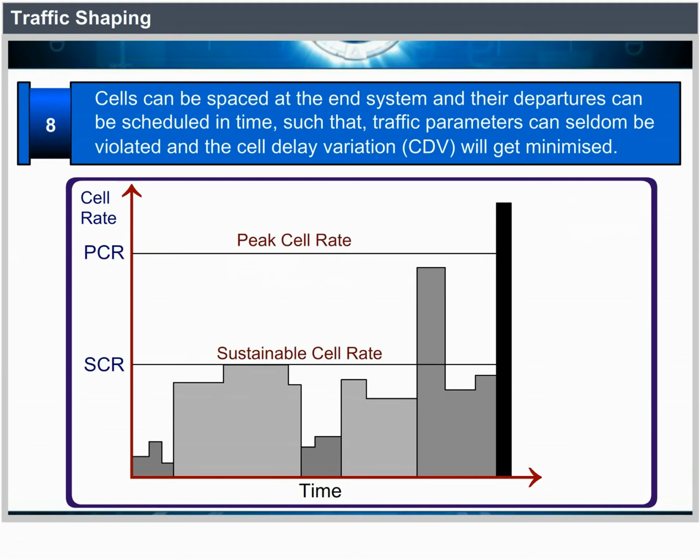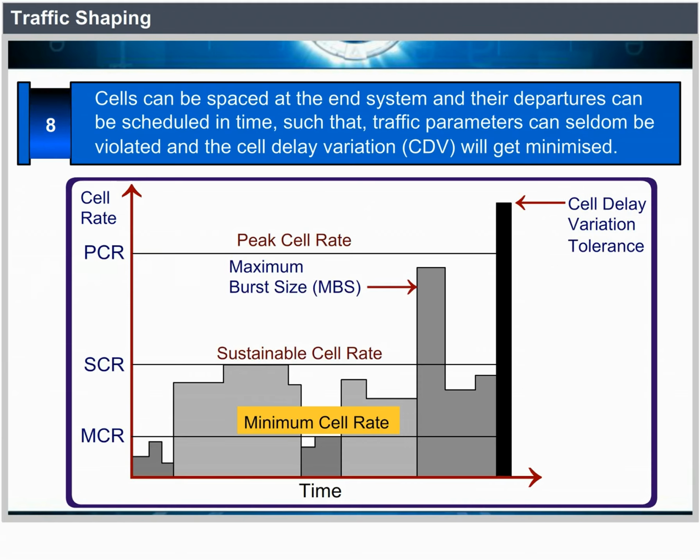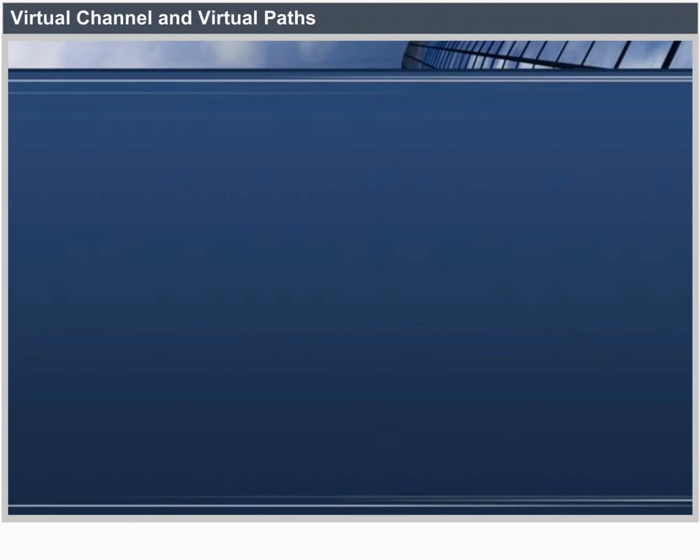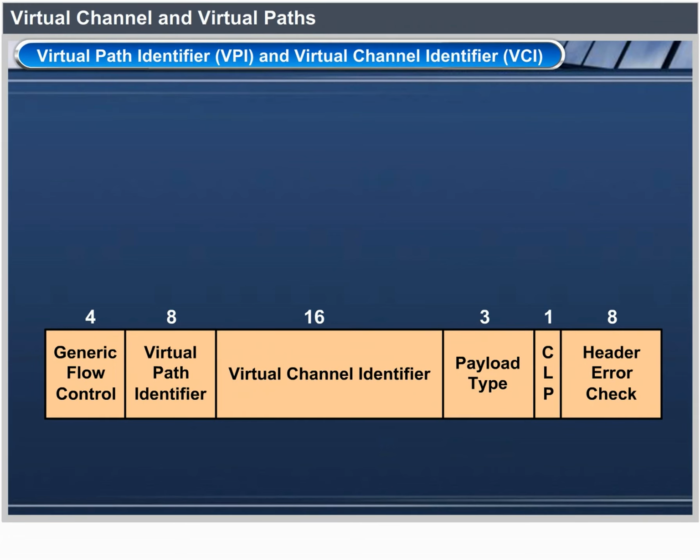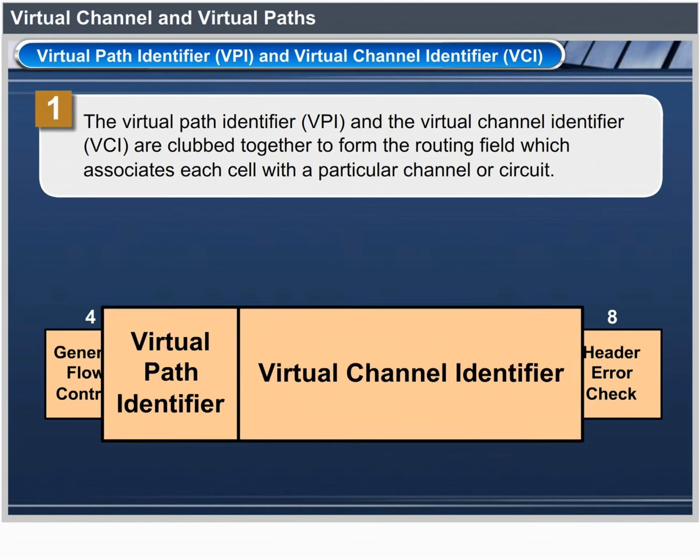However, the VPIs and VCIs have significance only on the local link. The contents of the routing field will generally change as the cell traverses from link to link. For the UNI, the routing field contains 24 bits and thus the interface can support over 16 million concurrent sessions.